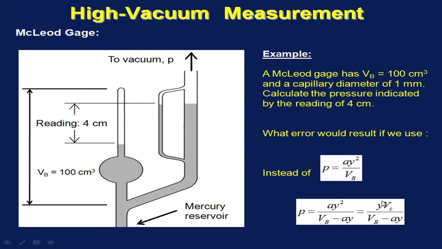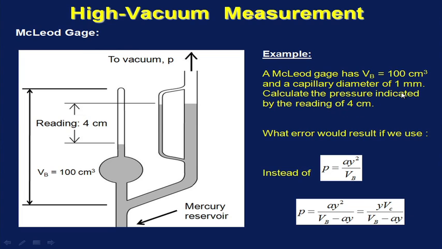So, let us take a simple example and elaborate on this. A McClure gauge has Vv equal to 100 centimeter cube, meaning the volume of the bulb, the volume of the capillary and the volume of the tube down to this point is 100 centimeter cube, and the capillary has a diameter of 1 millimeter.